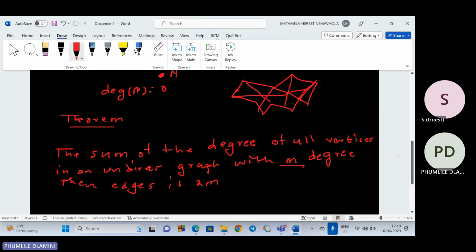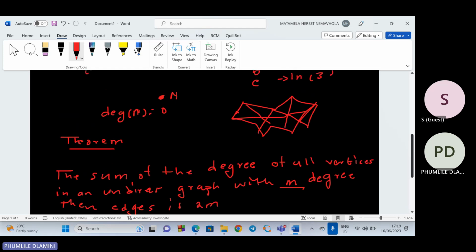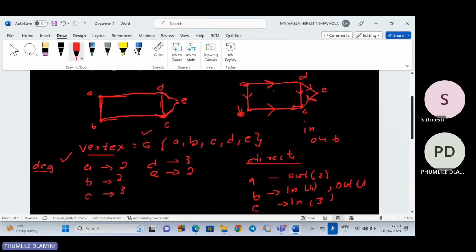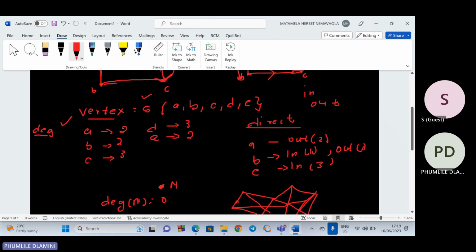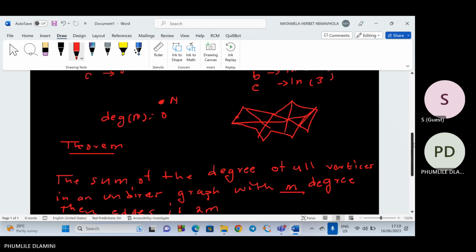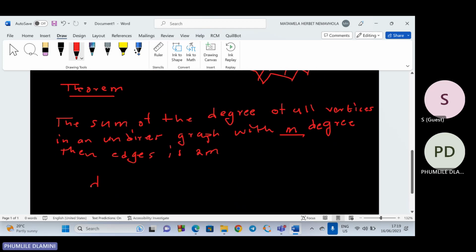So if we check here in our graph, the sum of the degrees is 2 plus 2 is 4, plus 3 is 7, plus 3 is 10, plus 2 is 12.